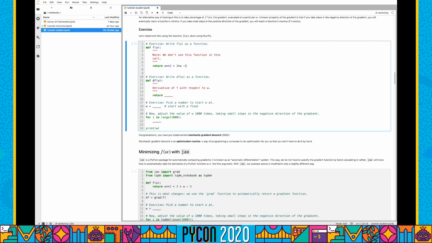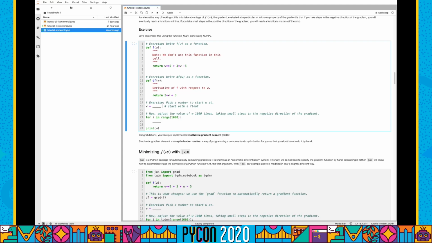Now, in this code cell, we won't use it, but it's just there for us to keep a reminder. Now, we're going to do the next exercise, which is to write the derivative of f with respect to w. This also should be not too difficult. 2 times w plus 3.